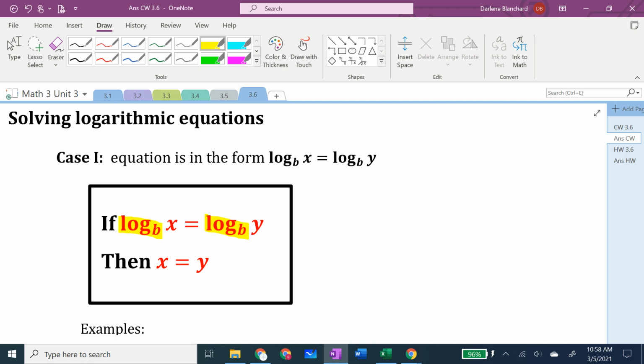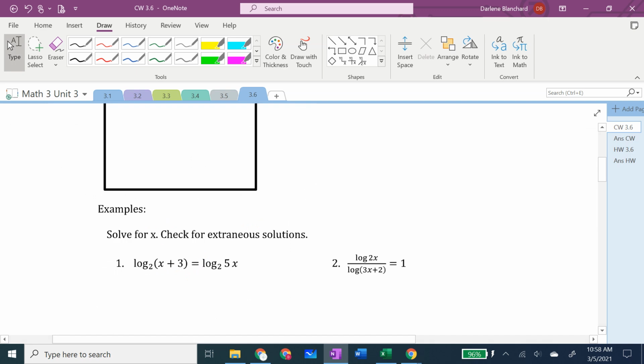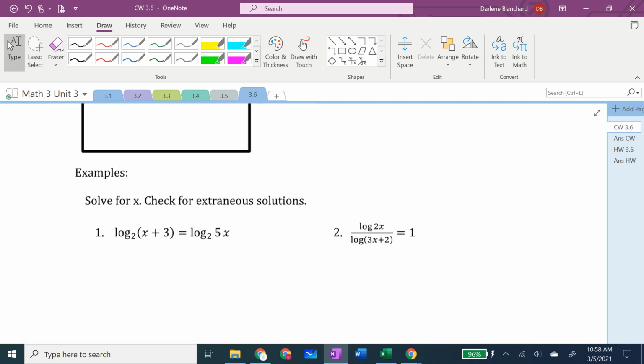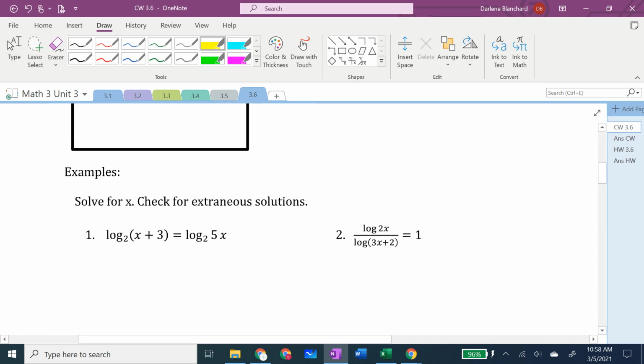So let's look at an example. Number 1. For number 1, you have log base 2 of something equals log base 2 of something else. If those log base 2's are going to be equal, then their insides must be equal.